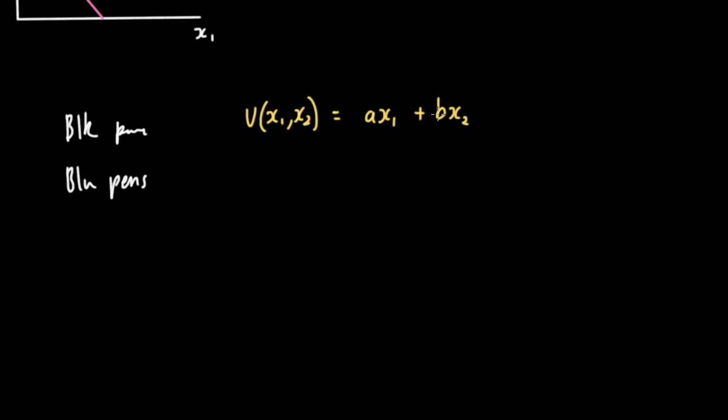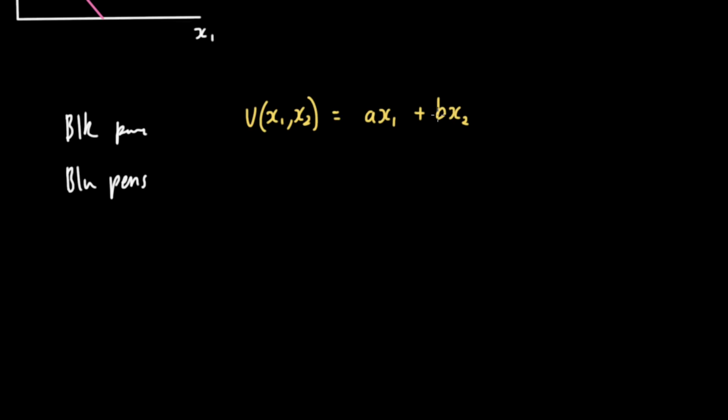And a while ago, we were talking about how the consumer is actually indifferent between black pens and blue pens. So in this case, the consumer gets the same level of utility with 1 additional unit of black pen or 1 additional unit of blue pen.